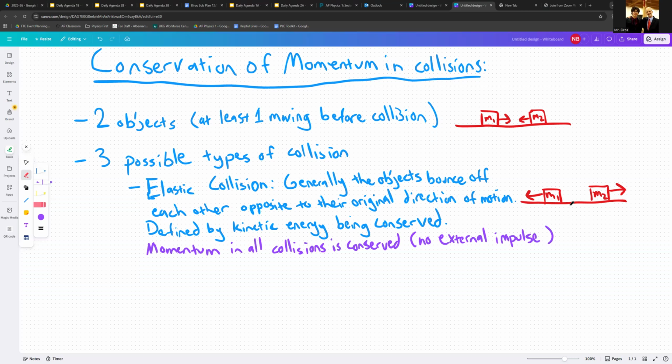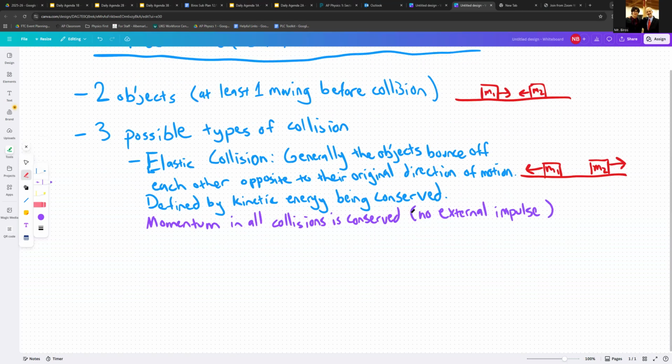So with no external impulse from the equation for conservation that we had last video, where we looked at initial momentum equaling final and then accounting for is there any external impulse, now we can just say the total momentum before the collision equals the final momentum total after the collision.